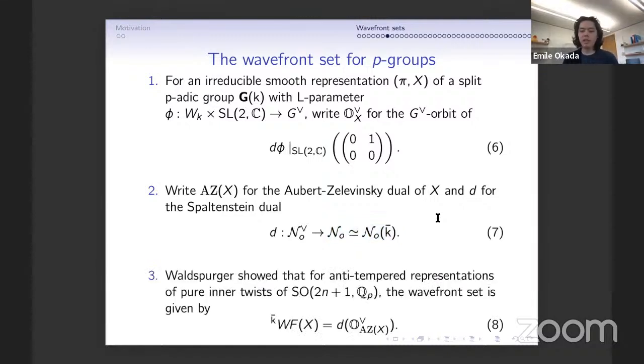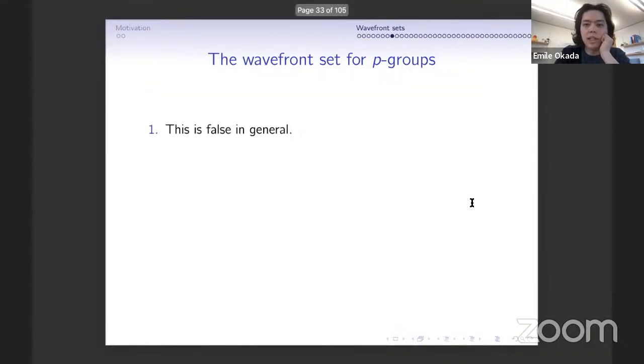And then what Waldspurger showed was that the anti-tempered representations have a very nice description of the geometric wavefront set, and it's given by this equation here. And it's tempting to think that this is always the description for the wavefront set for smooth representations, but this isn't always true. This isn't true even for anti-tempered representations.